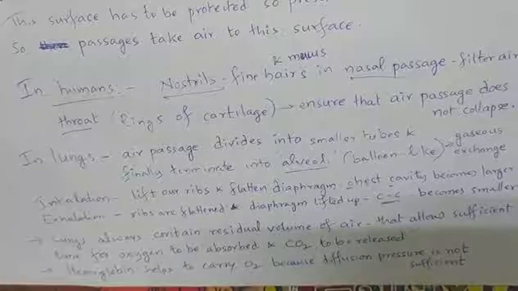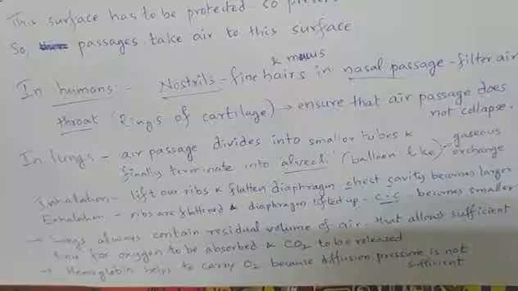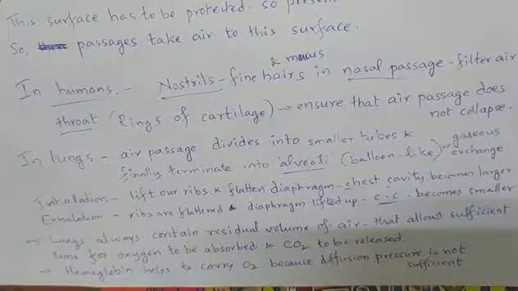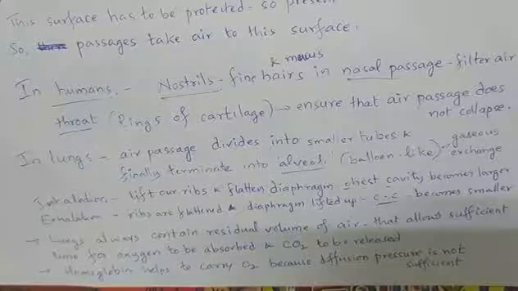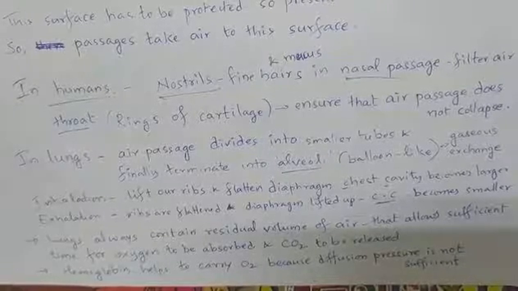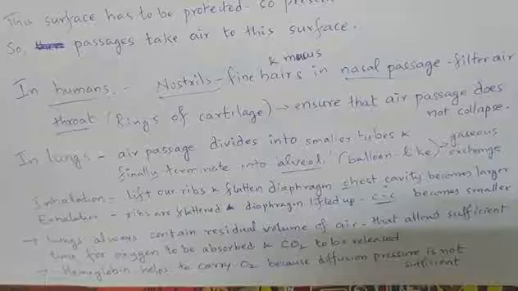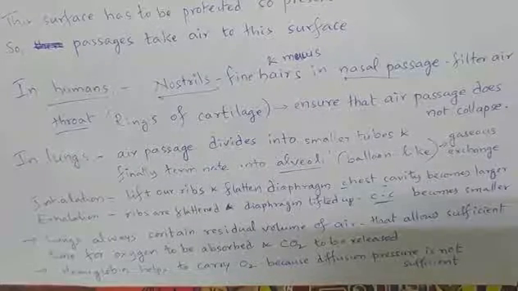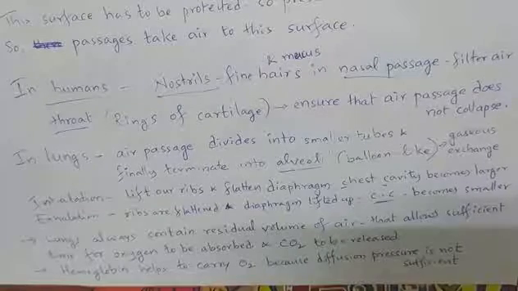Blood inside the red blood cells has hemoglobin. This hemoglobin is the oxygen carrier. So oxygen is carried to all the cells by being bound to hemoglobin. And CO2 from all the cells is carried back to the lungs by being dissolved in blood plasma.